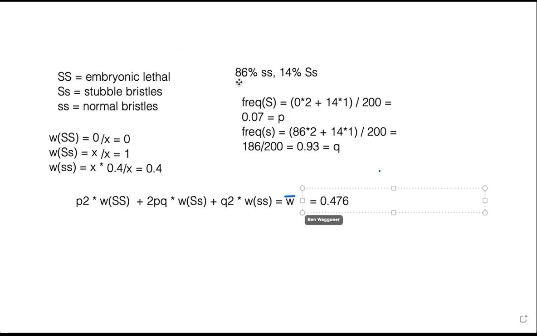Now what we're going to do is divide all of this through. I'm going to divide that and that and that and that by our W bar.